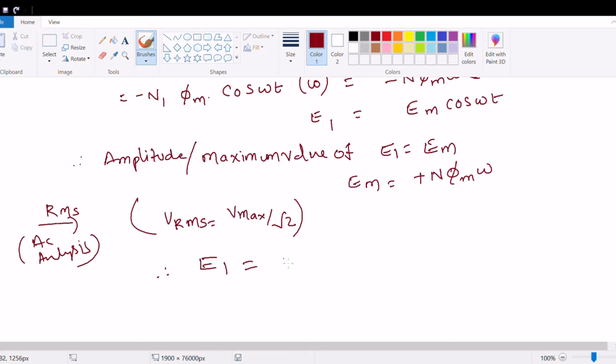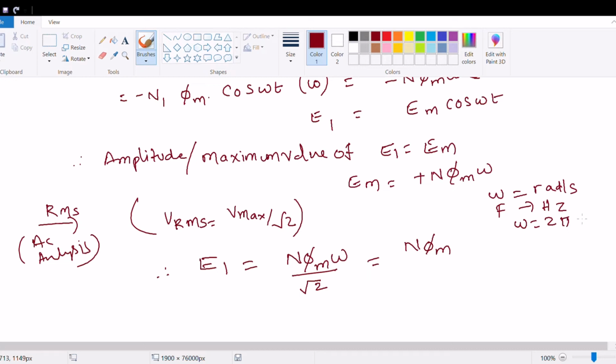Therefore E1 is equal to N phi m omega by root 2, and we know omega is in radians per second. Normally we use frequency in hertz. So what is the relation? Omega is equal to 2 pi f. So it's 2 pi f by root 2.